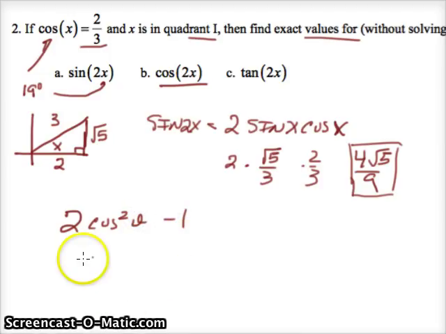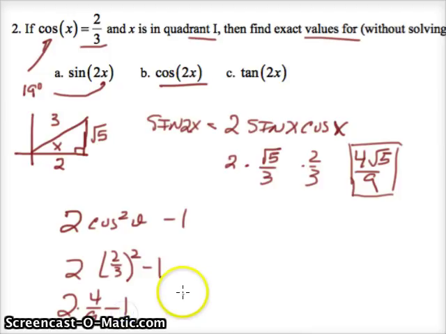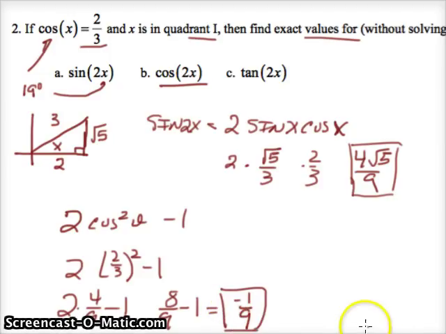Okay. Well, now 2 times, we already know the cosine is 2/3, squared, minus 1. 2 times 4/9 minus 1, or 8/9 minus 1, which is, right, that's just negative 1/9. Okay, you could do that.